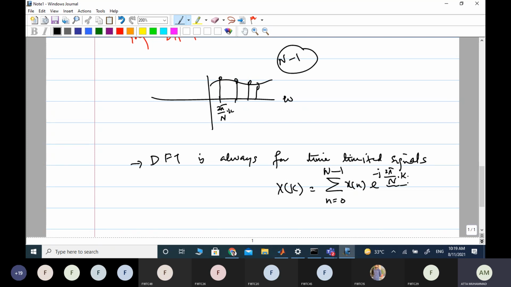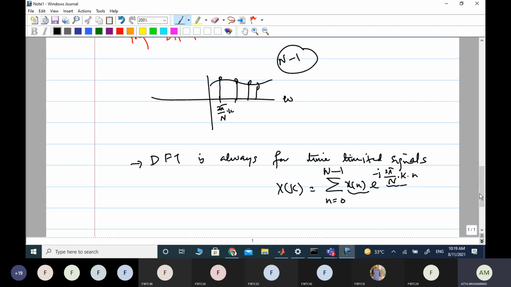Now this is our omega, sampled omega, and n, right? So this is how we can compute the DFT of a time domain signal.